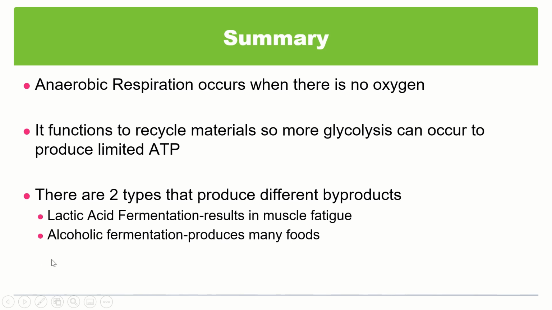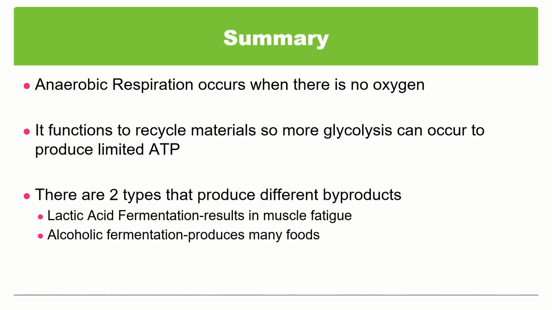So, summary of anaerobic respiration. This is what occurs when there is no oxygen to cells. It functions to recycle materials, specifically the NAD+, so that more glycolysis can occur and you can produce the limited 2 ATP. And there are 2 types of anaerobic respiration that produce just different byproducts. That's how they're named. So lactic acid fermentation produces lactic acid.